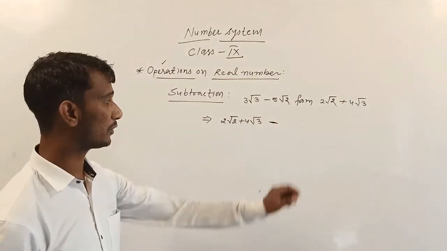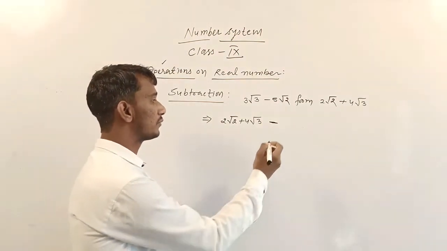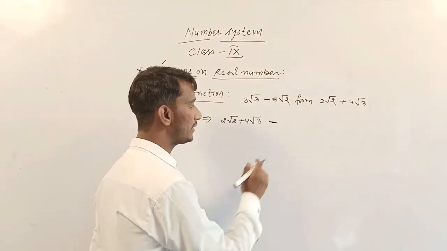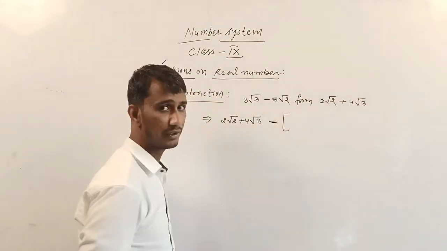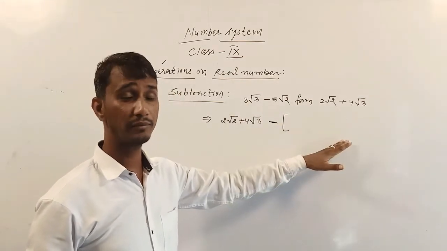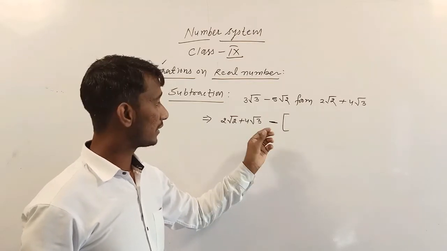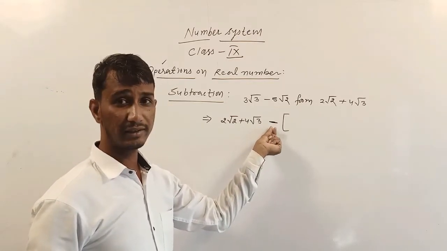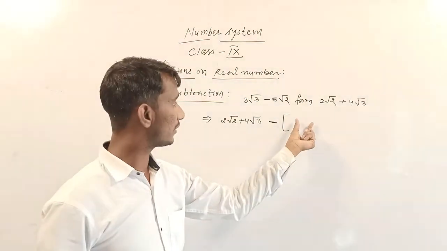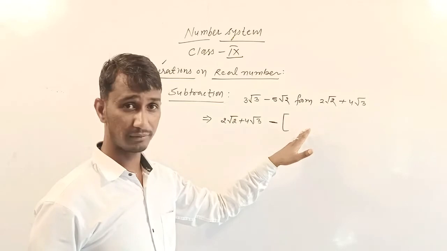Dear friend, one more important rule. If after the minus you write another term, before this term you should always put the bracket, because the minus sign changes all the signs one by one.